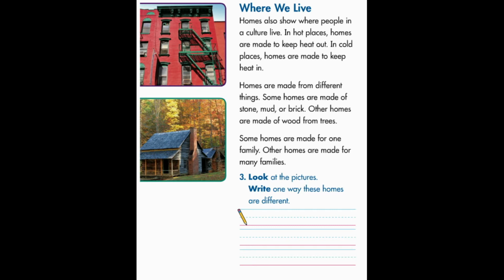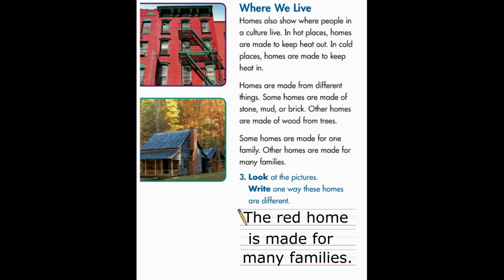In the bottom picture, I notice that that house has a porch, a chimney, and it's made out of wood. It's a lot smaller and there are fewer windows. There are lots of ways that these two homes are different. I am going to write, the red home is made for many families. What would you write?